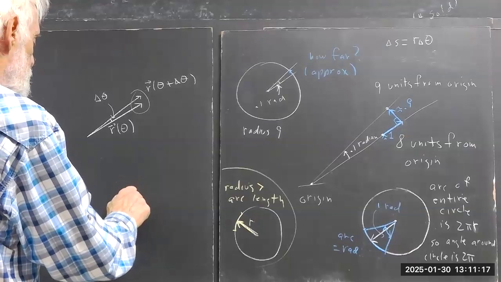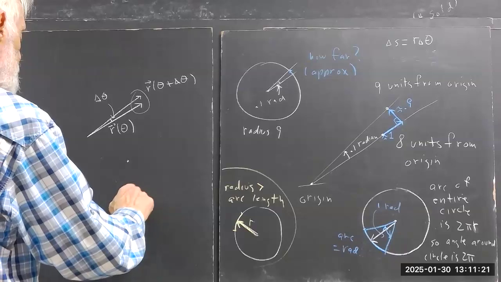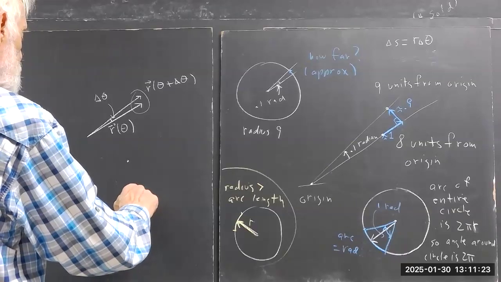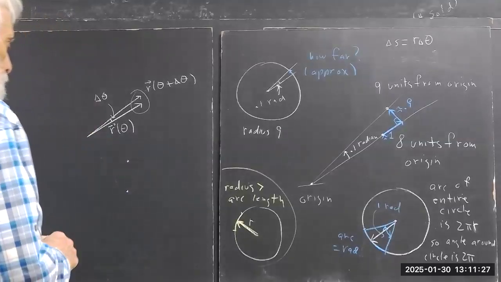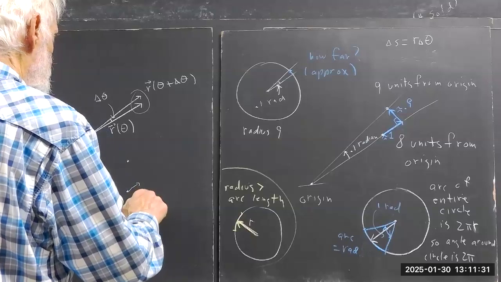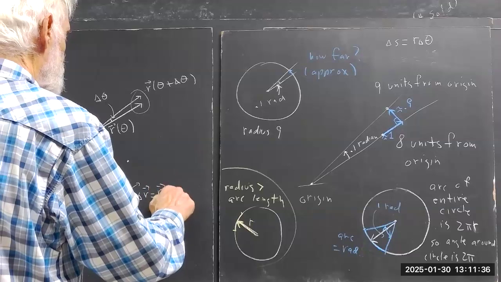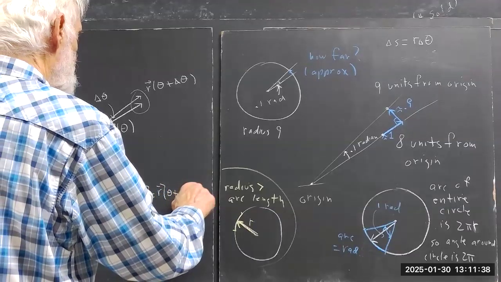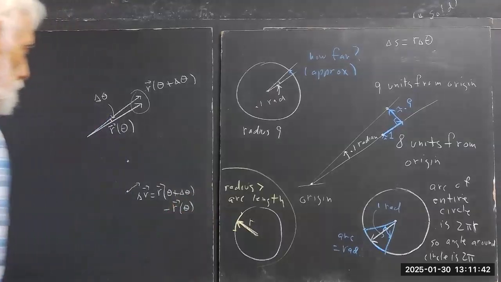Then, from the tip of this vector, I say that you have to move a distance very close to delta R, which is R of theta plus delta theta minus R of theta, right?